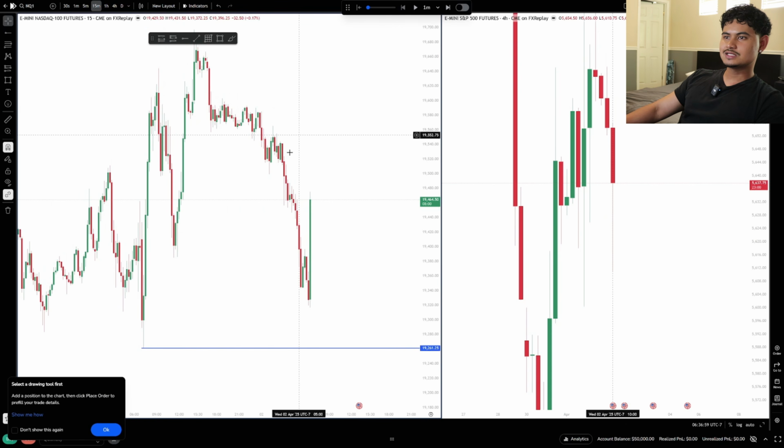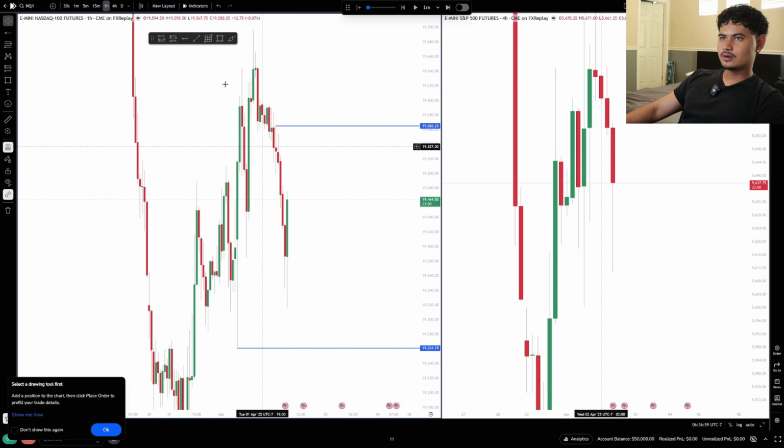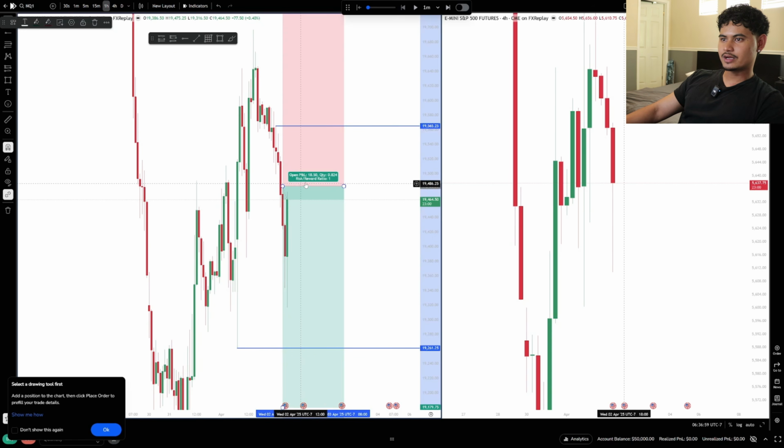Wow. Okay. Very big pump. Okay. So seeing that, where can we target? I like this high right here on the 15. It's a potential target. There's this gap right here.